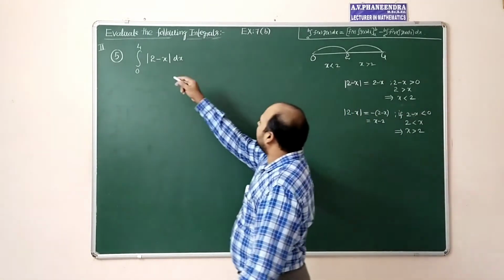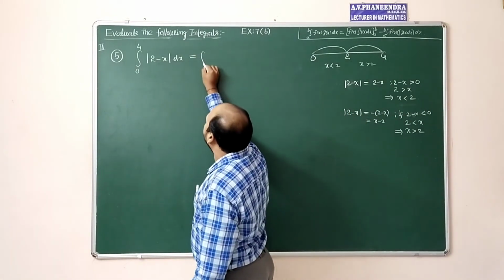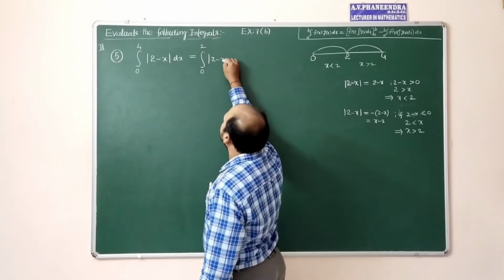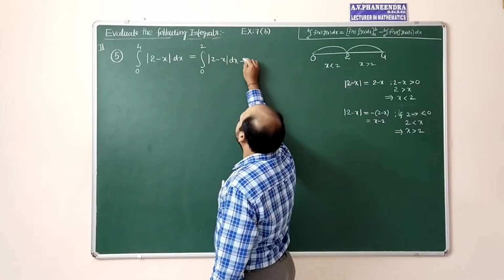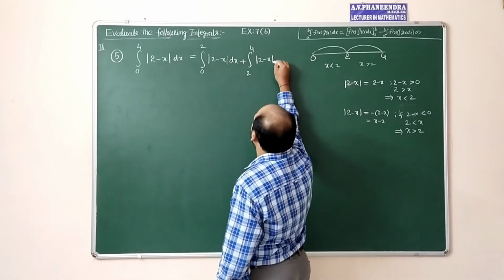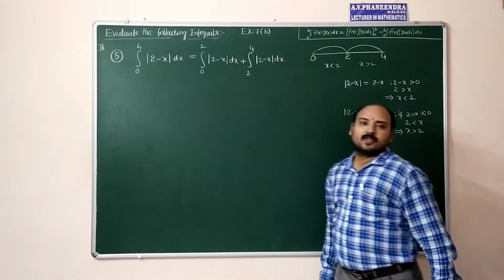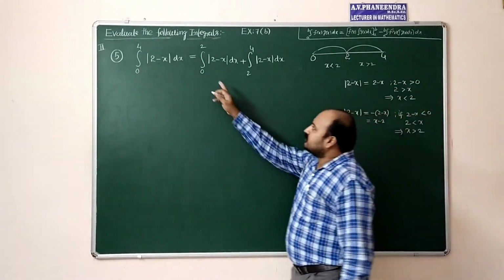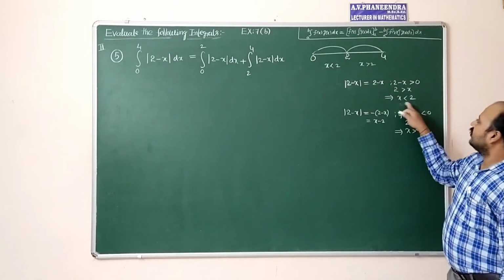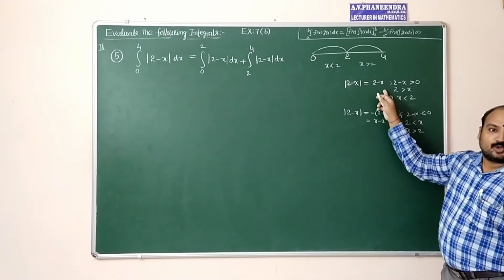So now the given integral can be split into two integrals: integral 0 to 2 mod 2 minus x dx plus integral 2 to 4 mod 2 minus x dx. From 0 to 2, x is less than 2, so mod 2 minus x is simply 2 minus x.